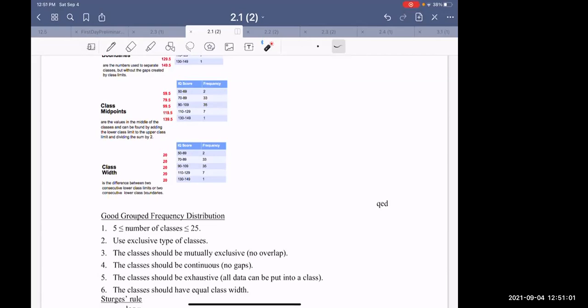What constitutes a good group frequency distribution? Now, these are just sort of general rules. They aren't really applicable in all cases. So this is your goal.